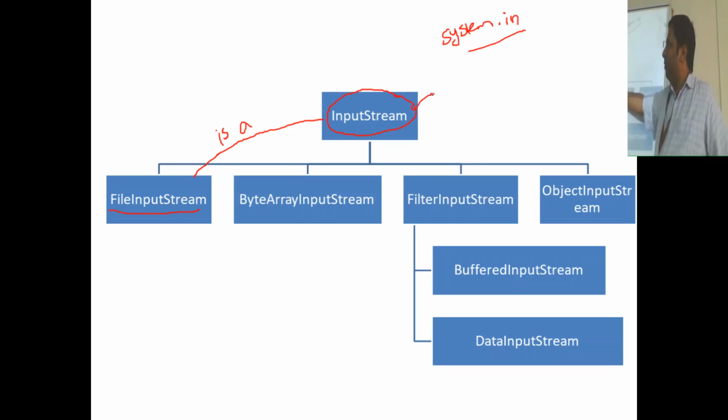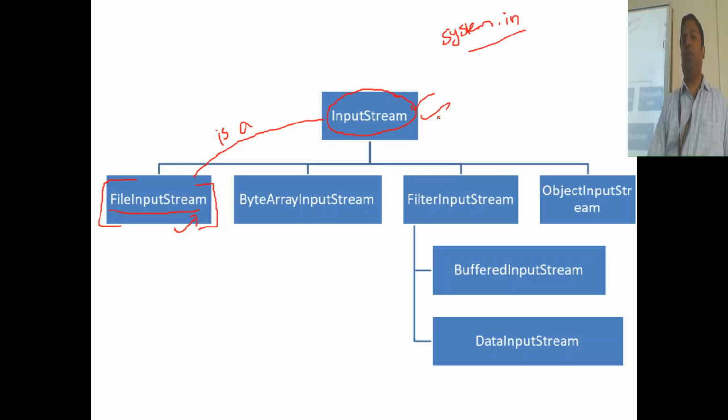If I want to read from a file, I'll create an object of FileInputStream and read data. Likewise, you have ByteArrayInputStream, FilterInputStream, BufferedInputStream, DataInputStream, ObjectInputStream. We learn all these things after some time. But now our focus will be on how to read data from a file. So FileInputStream will be used for reading data in bytes from a file.